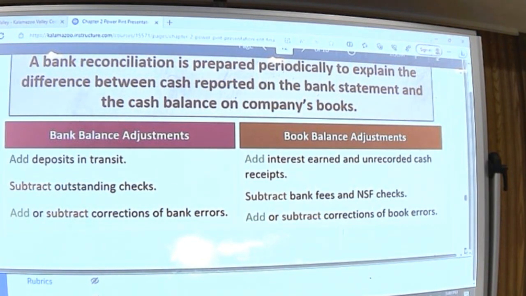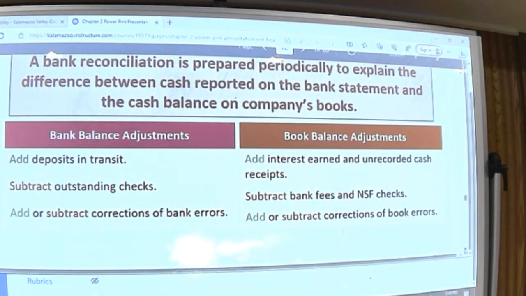On the right-hand side, book balance adjustment, again, we have that interest that we earned at $8. We're going to add that to our books, and then if a note has been collected for us by the bank, we need to make note of that in our books. We add that to the book balance. So we subtract any bank fees and NSF checks.